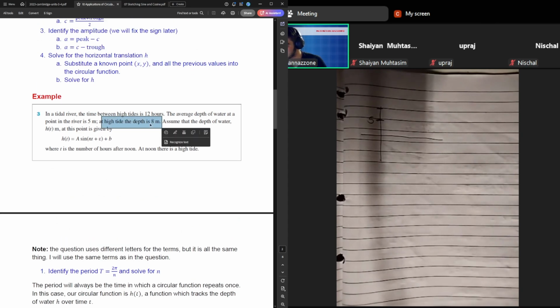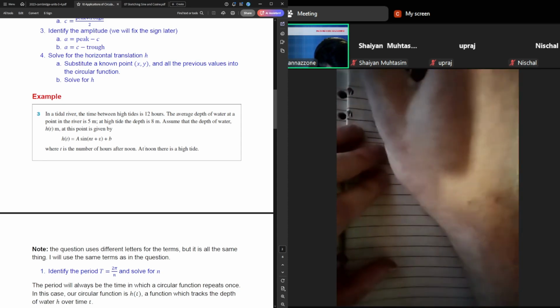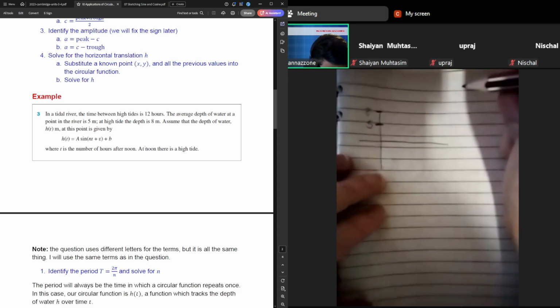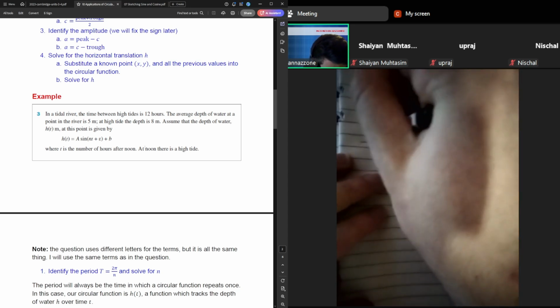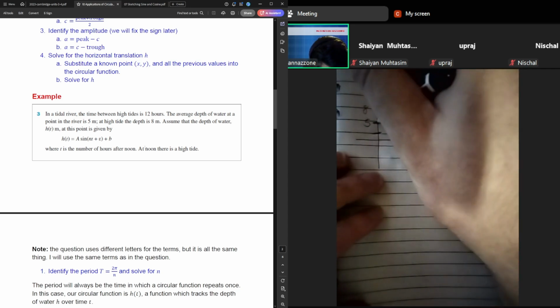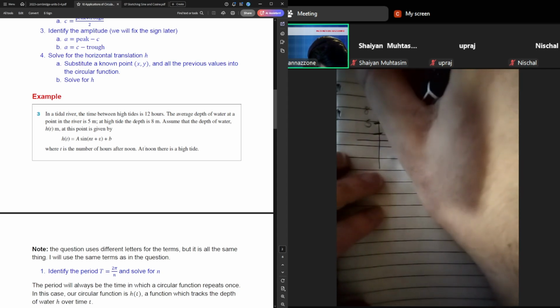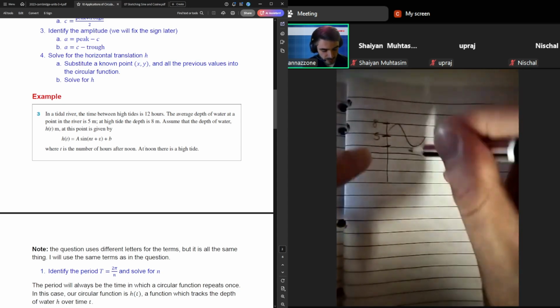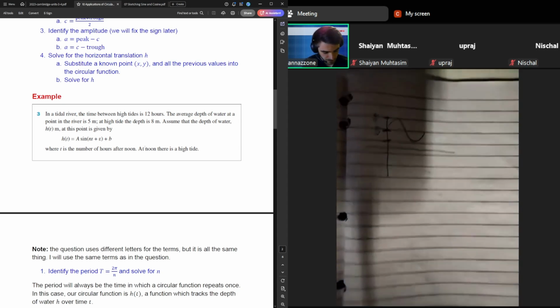High tide is a depth of 8 meters. So the highest possible value is going to be 8. There's a couple of ways you could do this. You could figure out this bottom value, but we'll look at that in a bit. One way of drawing a circular function might be like that. That peaks at 8, and it has a middle of 5.